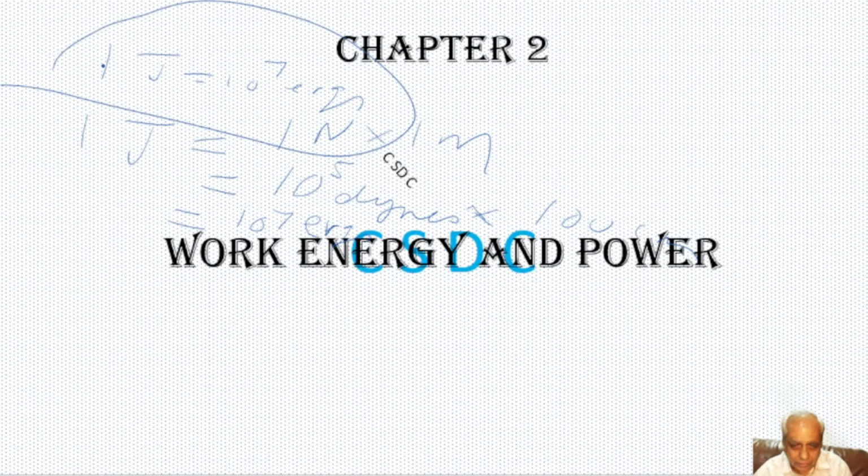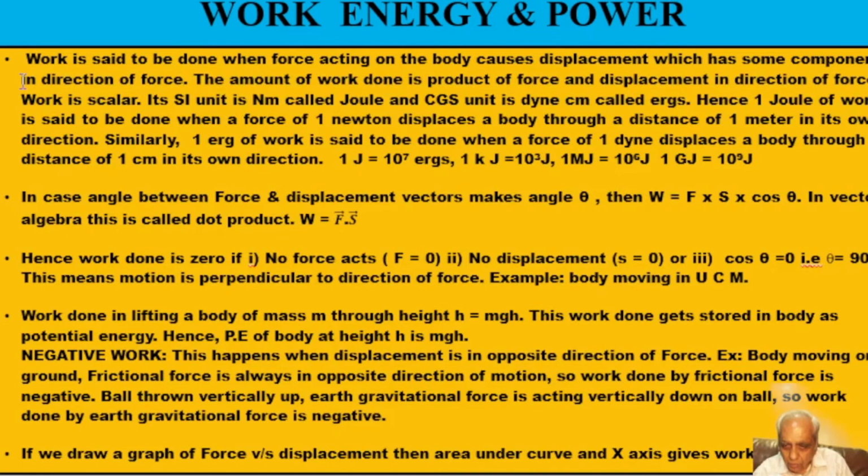Is it alright? Now, sometimes we use a word kilojoule. Kilo means 1000. So 1 kilojoule is 10 raised to 3 joule.